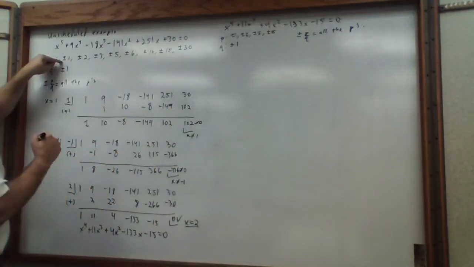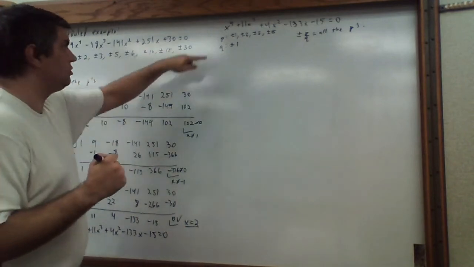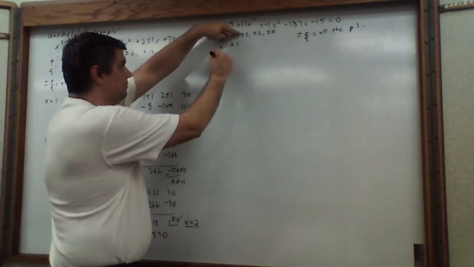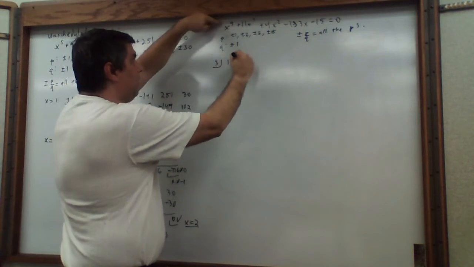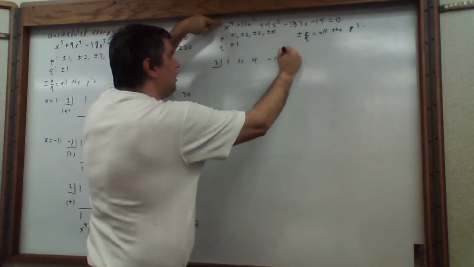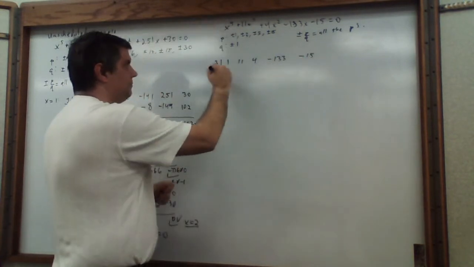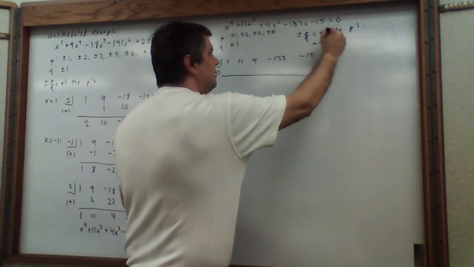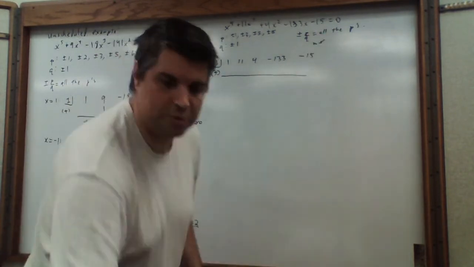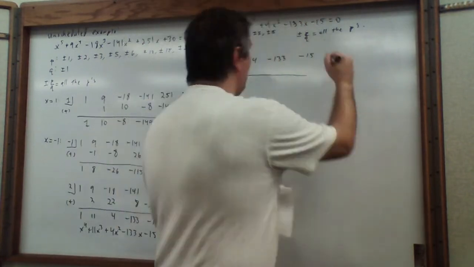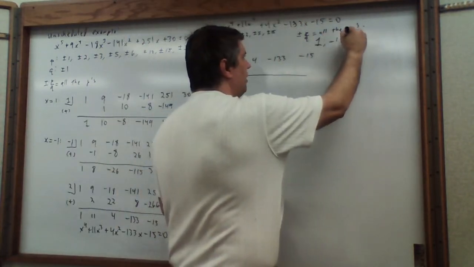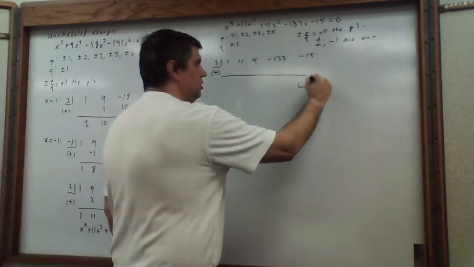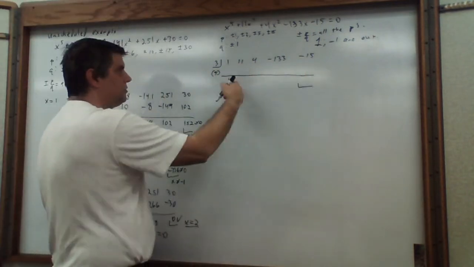So 1's out, negative 1 is out, 3 is next. So 1, 11, 4, negative 133, and negative 15. Okay? 1, negative 1 are out. So, bring down the 1. 3 times 1 is 3.